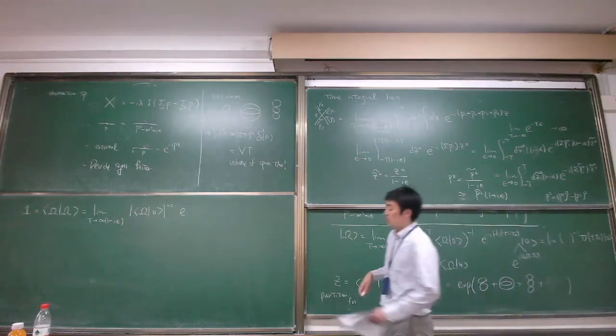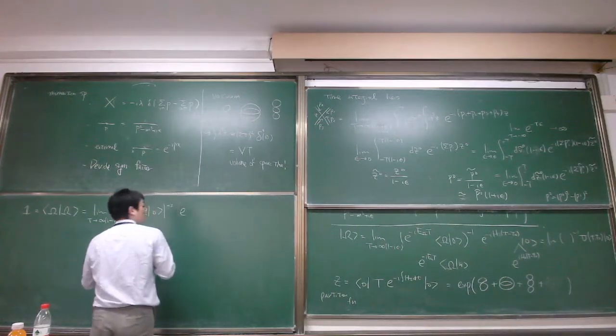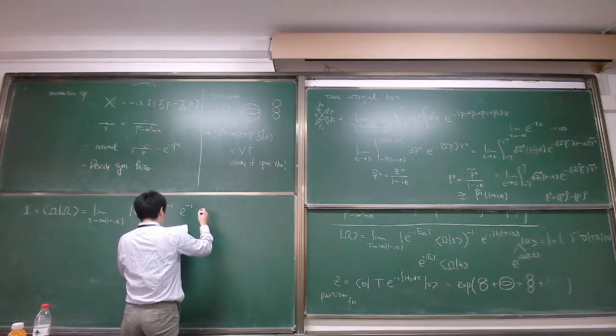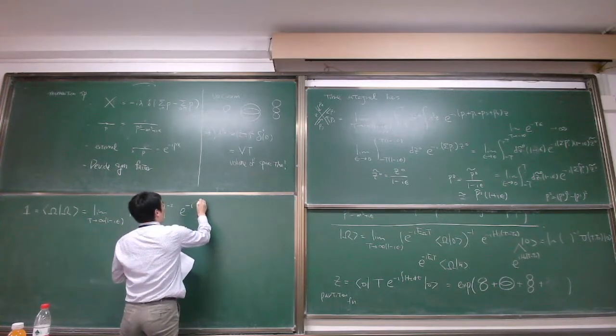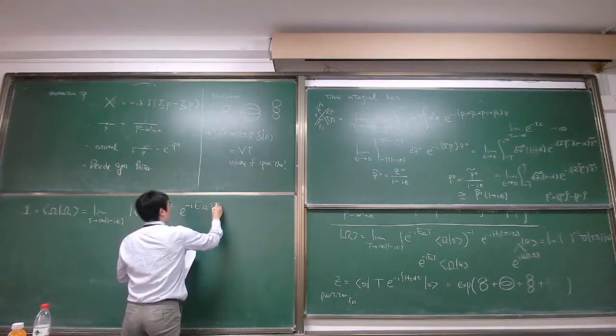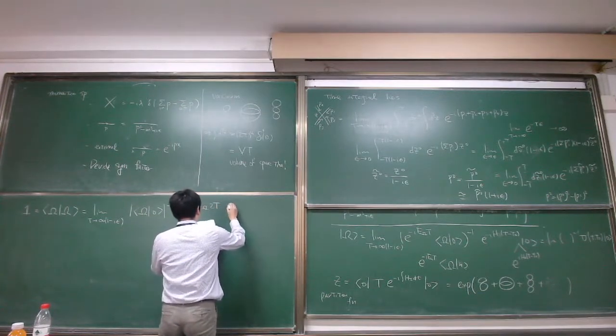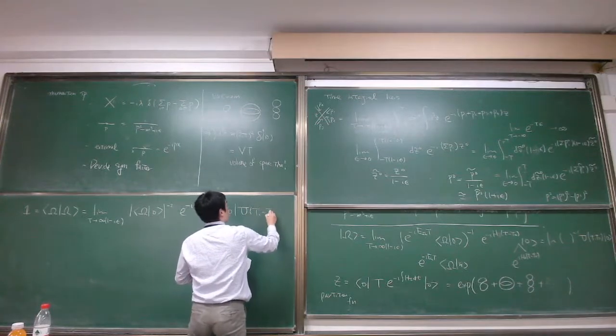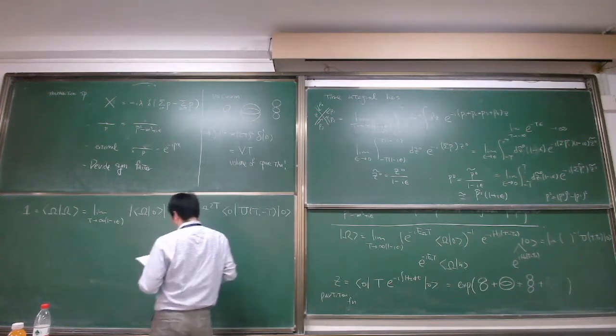If you take the inner product, I think I need to fix a typo in my lecture notes: e to the omega 2t, it should be 2t, and then 0 U(t, minus t) 0, and that's what we had.